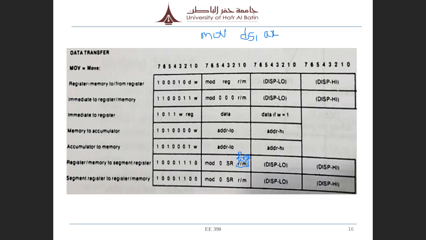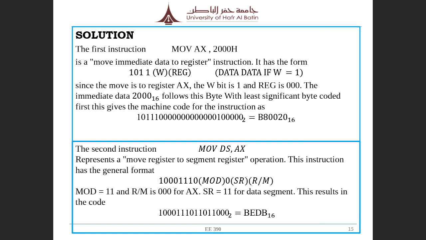The segment register is ds, we understand this one. What about register or memory? It is the same, we can say it is the REG field. It doesn't matter, whatever it is. So it is for AX.